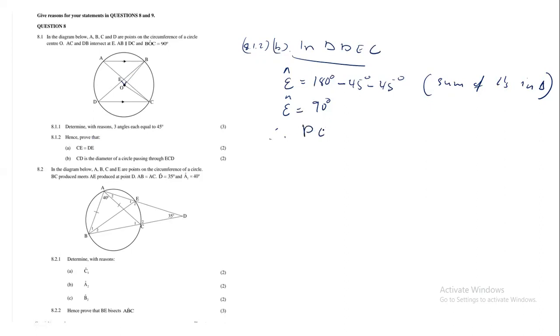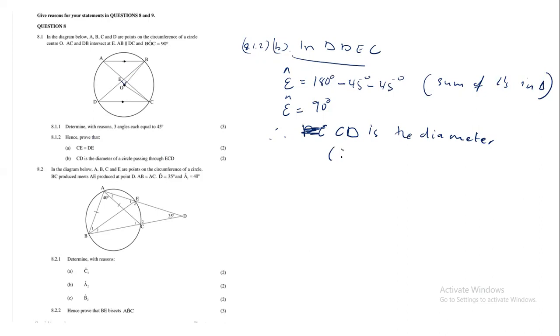So we're going to say, therefore, let's write it the way they wanted, CD is the diameter. But then, how did you prove that CD is a diameter?